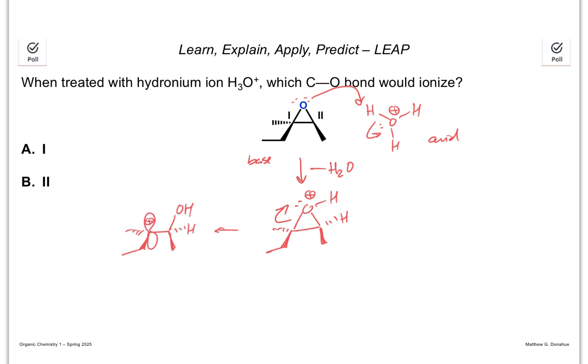how would you classify that carbocation? So there's the carbon, sp2 hybridized, p orbital, 1, 2, 3 carbons, so that's tertiary.